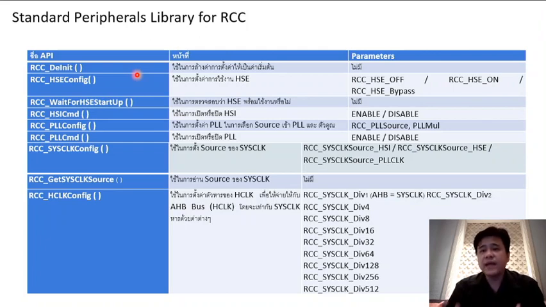So if you would like to change from 72 MHz generated from the HSE, sorry, to maybe 48 MHz generated from the HSI, you have to do the initialization first. Otherwise, you cannot do anything. By using this, your CPU will start to use the HSI at 8 MHz.